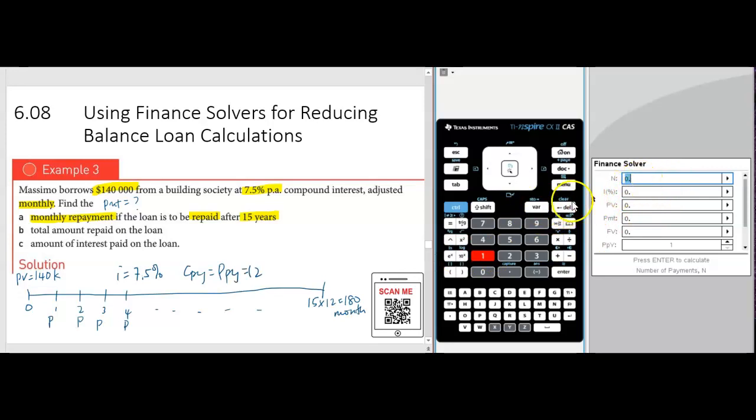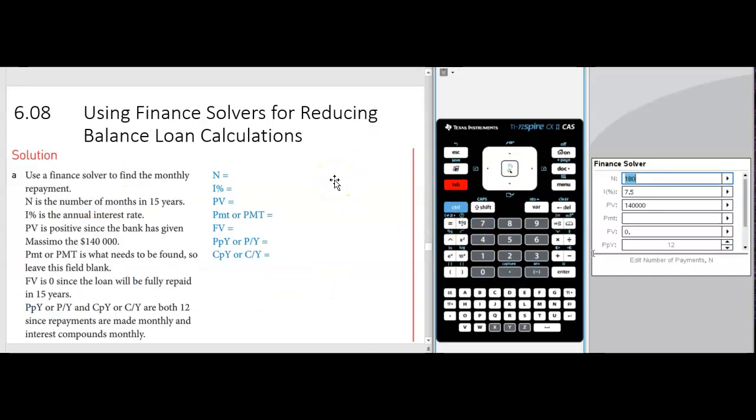Right, so your N, 180, your interest, 7.5, your present value, positive because the bank gives you money, 140,000. Payment is the unknown, delete it off, right? And then your future value, when you finish off your loan, 0. PPY, CPY, 12. Okay, right. We go to the next page, put all the variables in.